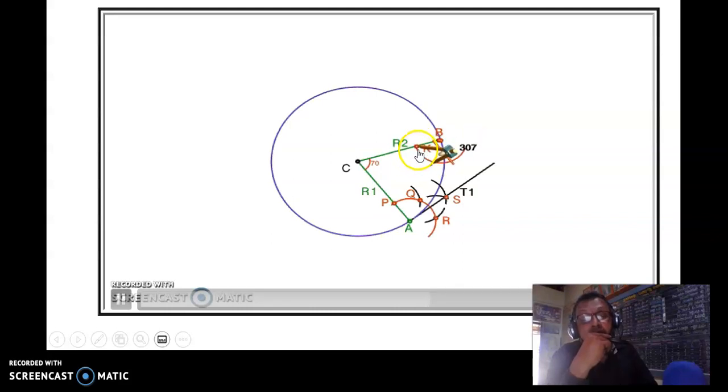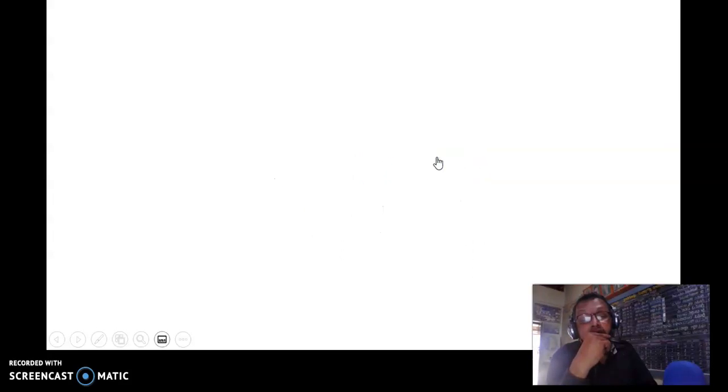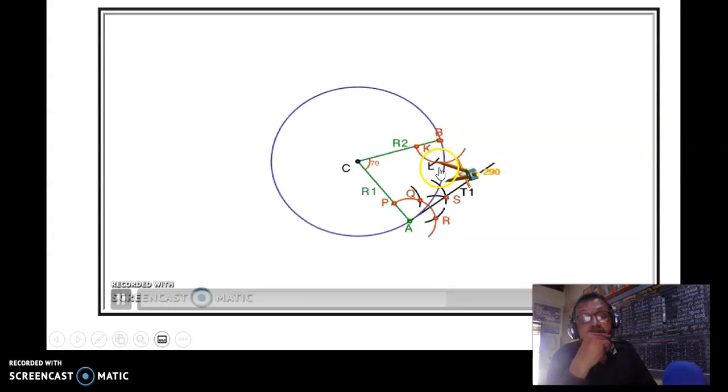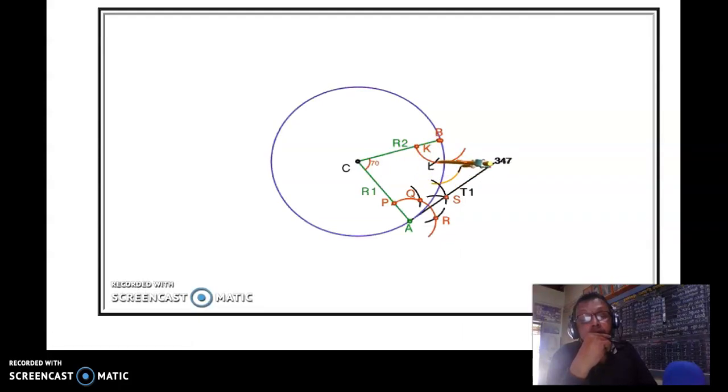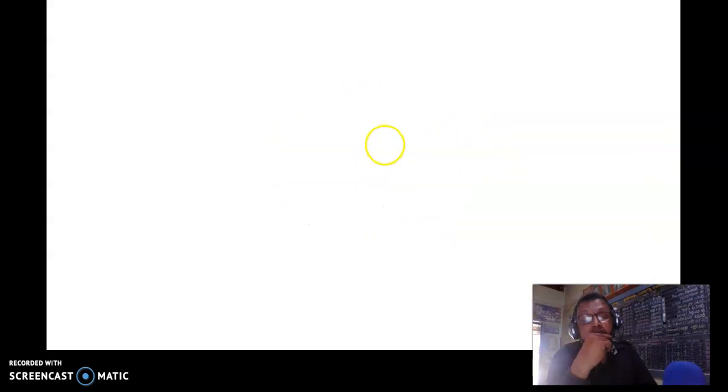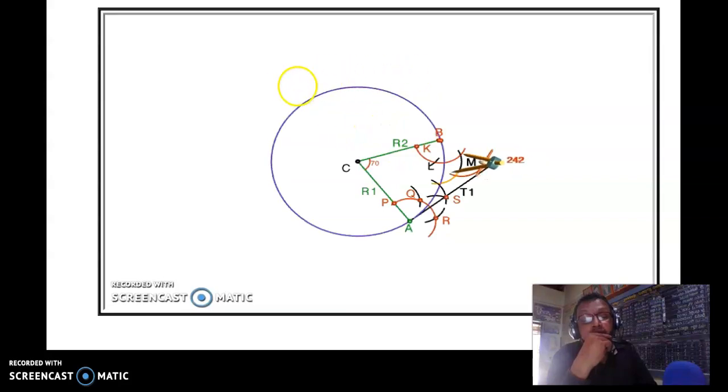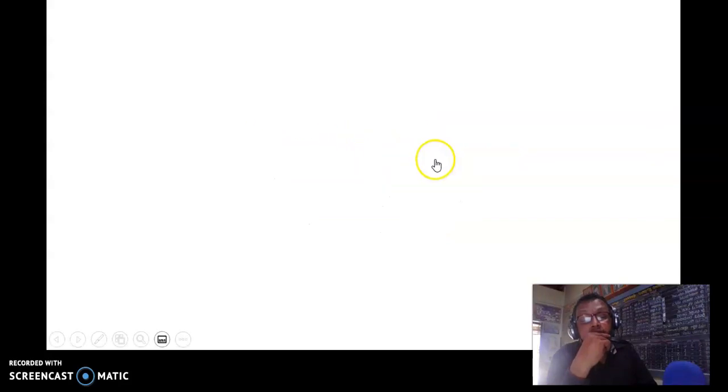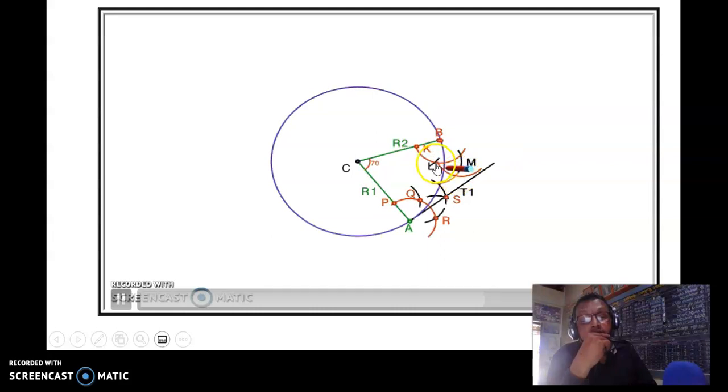Now it cuts at K. From K draw an arc which cuts at L. Now from L draw an arc at M. Now above the semicircle, from the point M, cut the previous arc.